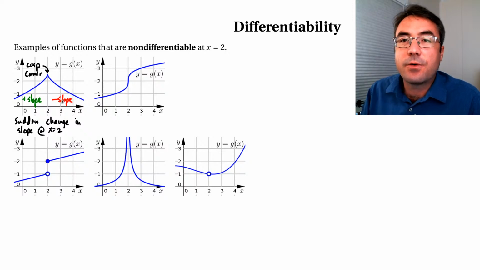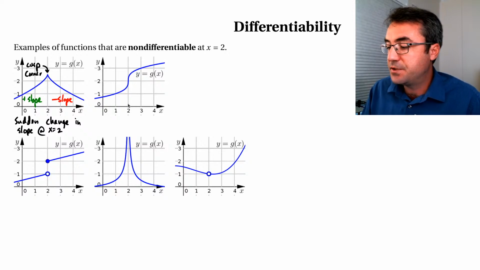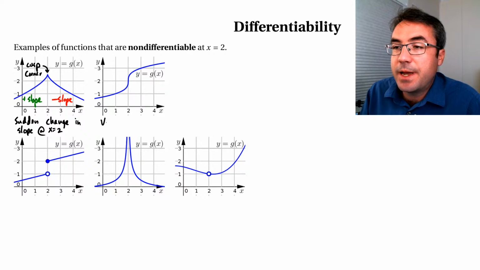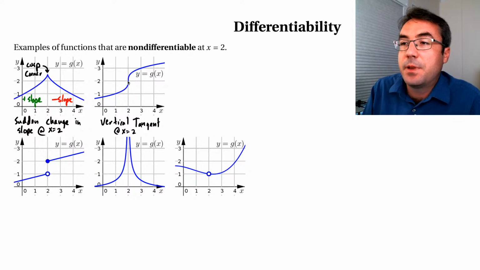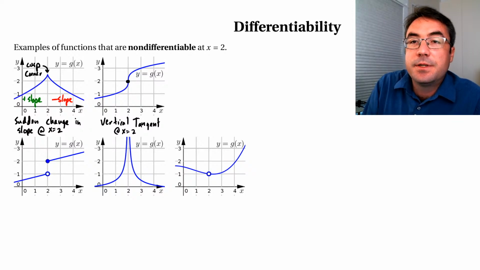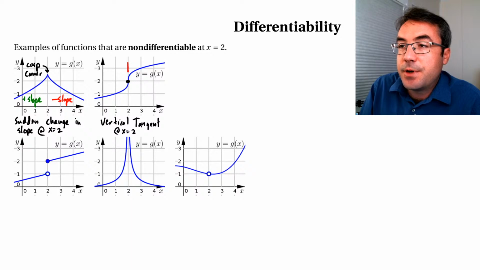In the second graph there, we've seen one like this before. This one is where we have a vertical tangent line at x equals 2. So if I were to plot my point there and draw in the tangent line, it would be straight up and down.